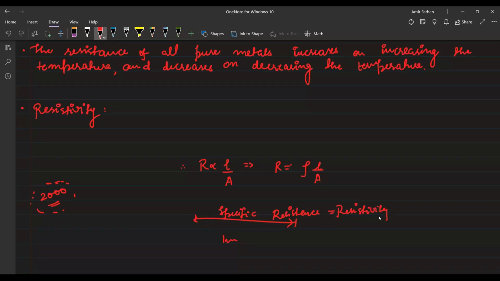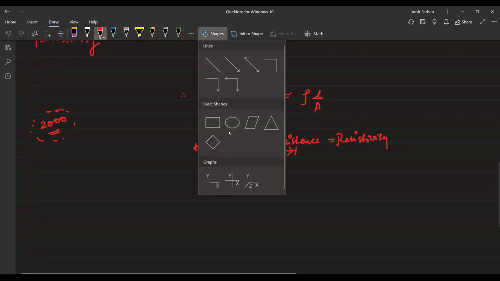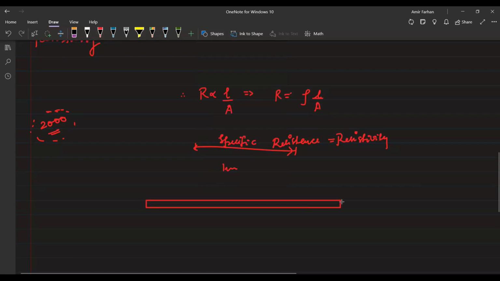Clear? And the same thing, if you take one wire of any metal, suppose it's a copper wire. If you take 1 meter of that copper wire, it will give you a certain resistance.